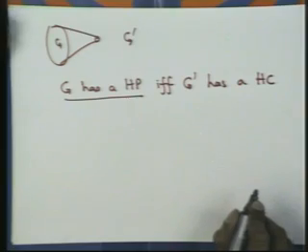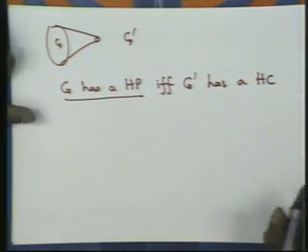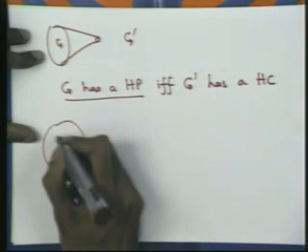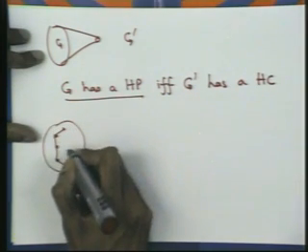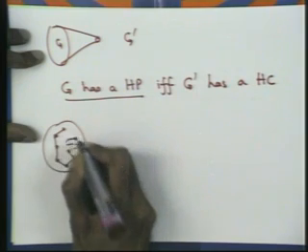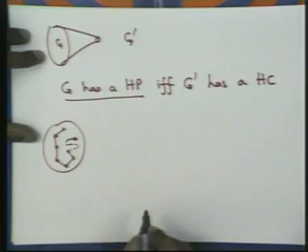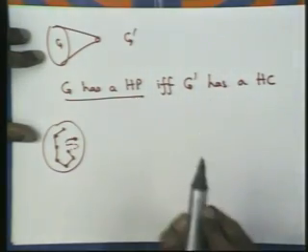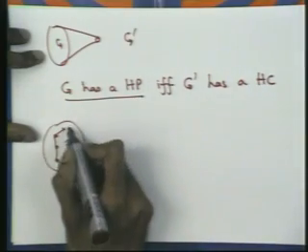So assume that G has an HP. We need to show that G prime has an HC, and I think this should be fairly obvious. So here is G, and here is my HP. It's a path which runs through all the other vertices in G. Now, I need to construct an HC, a Hamiltonian cycle in G prime, and that's easy.